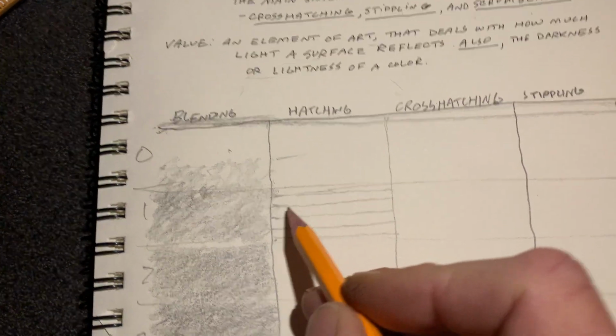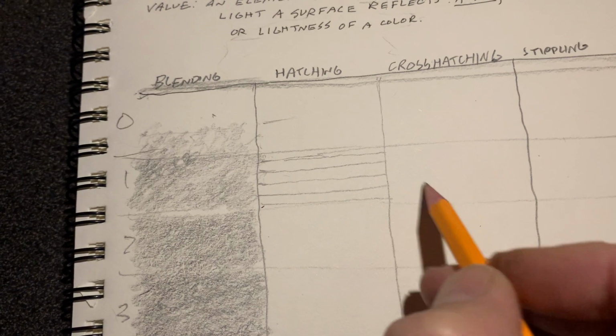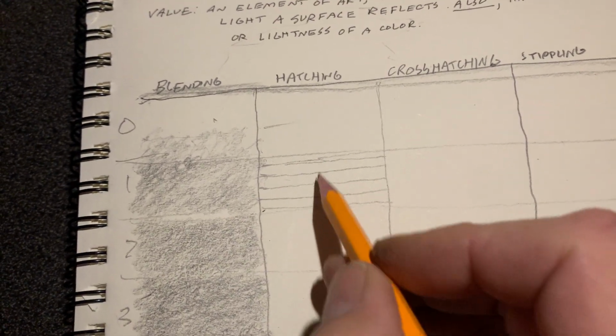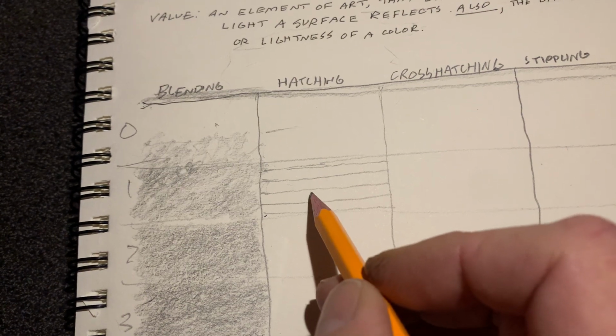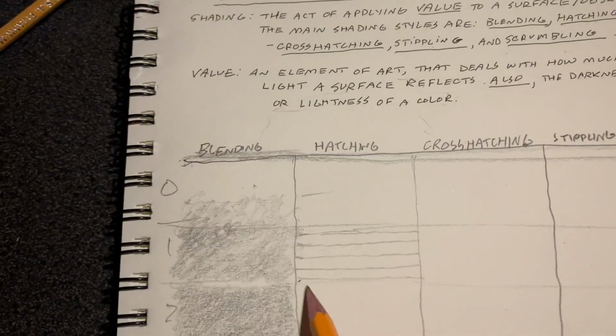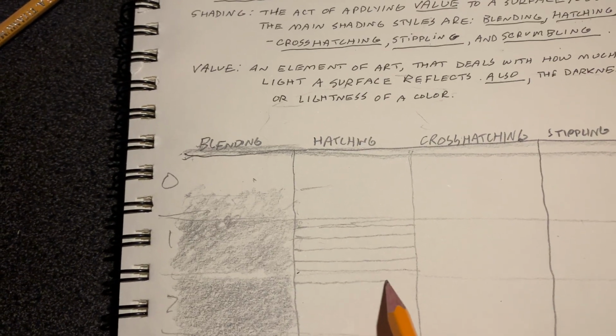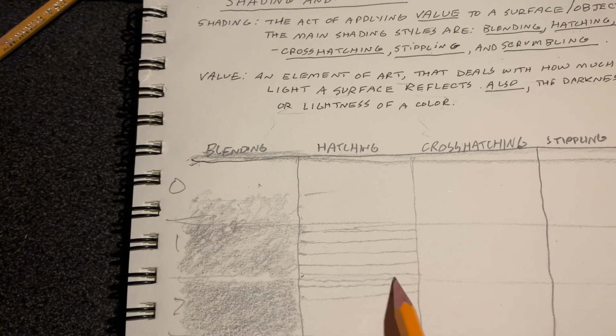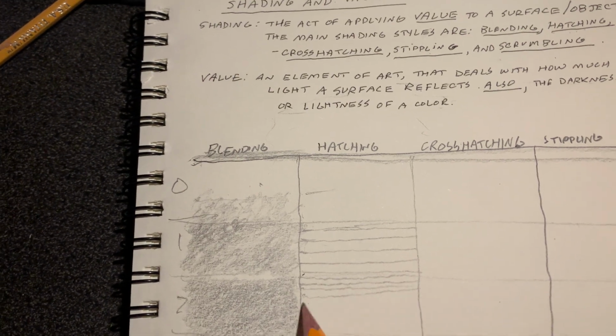So the lines with hatching, they don't need to look like they crisscross anywhere. We want them to look parallel. And the more space you have between the lines, the lighter it's going to be. So to make them darker, we just need to add more lines. So down here, the 2, I'm going to come down here, but I'm going to add an extra line.